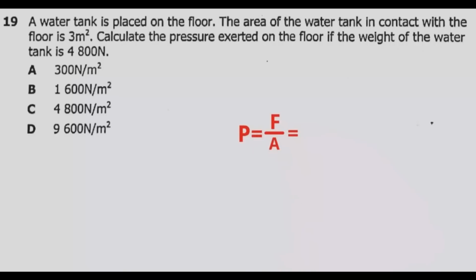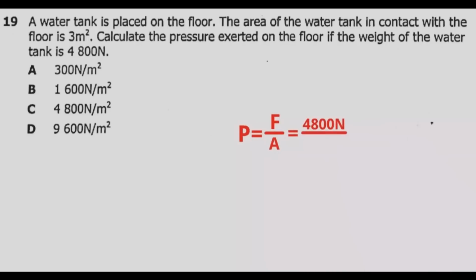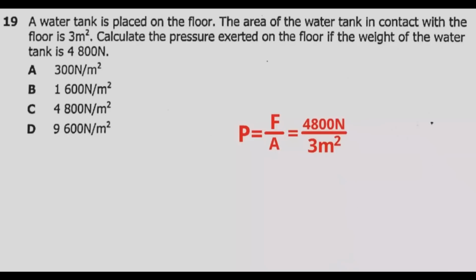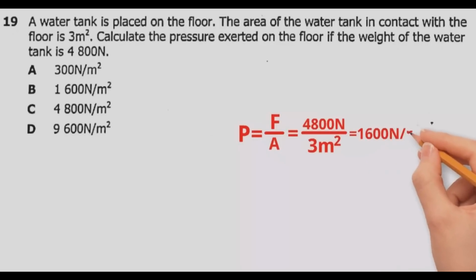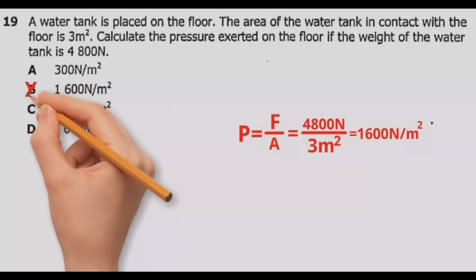The force is 4,800, so we write 4,800 divided by 3 meters squared, which is 1,600 Newton per meter squared. That is the pressure it is exerting, so the correct answer is B.